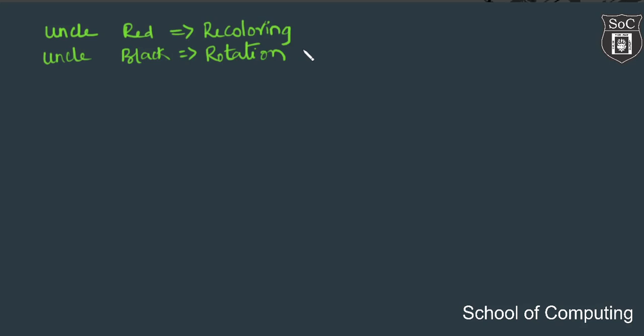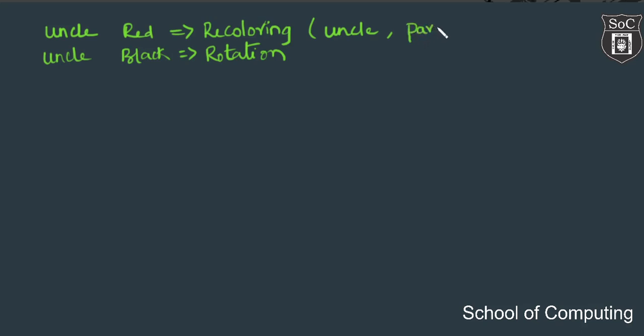Before we perform these operations on our example, we need to get complete clarity on what is recoloring and rotation. Whenever we use the word recoloring, whom do we recolor? Uncle is a node, right? So it has to be recolored.